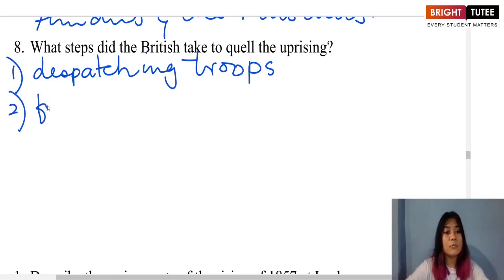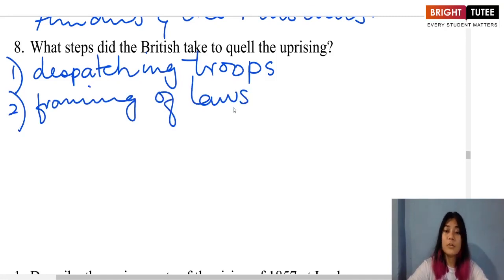Number two, framing of laws. New laws were framed and introduced to make sure that the Indians would not rise in revolt against them, and if they did, then they would be tried and punished according to the laws.